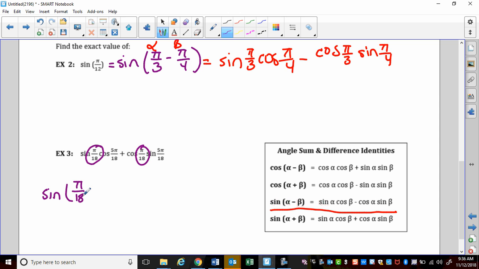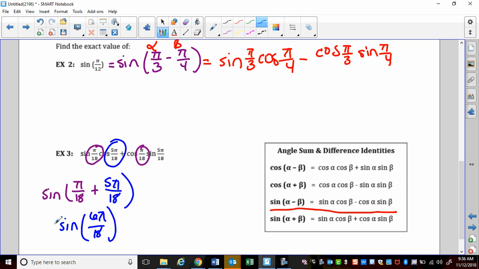And then since this is plus, I'm going to have a plus. Beta is going to be 5 pi over 18. You guys can add these and find out what it is sine of, and then you can actually find sine of that. Looks like 6 pi over 18. Simplify this. It'll be one of our nice numbers that we can figure out.